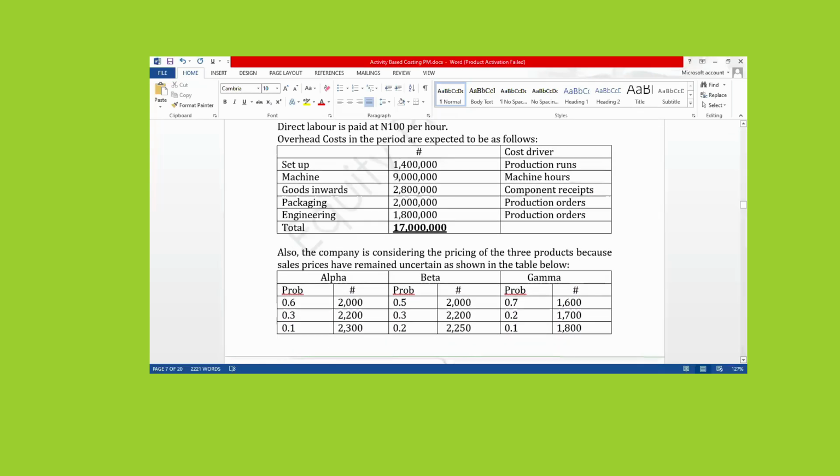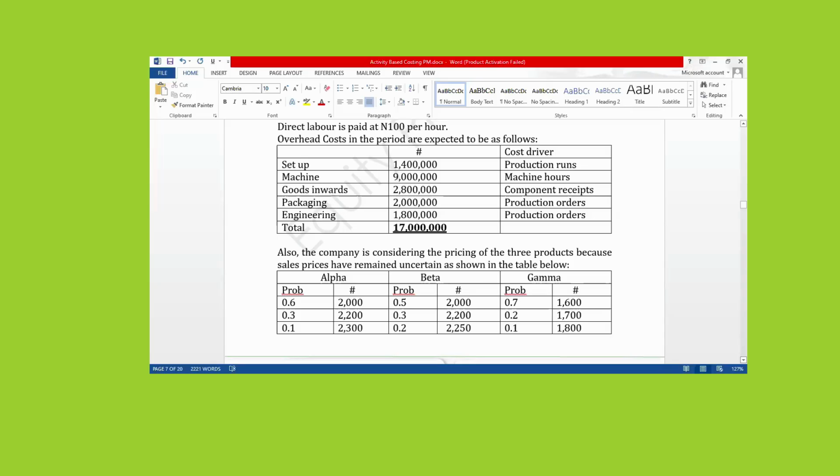Also, the company is considering the pricing of the 3 products because sales prices have remained uncertain, as shown in the table below. We have the products, alpha, beta, gamma. We have the probability, and we have the possible price.